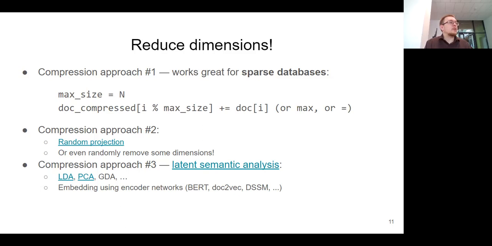So finding vector representations for text data sets using some complex functions, which we don't control. We just give them the task to find these representations, and they try to do this. And we will speak about latent semantic analysis right now, and about the networks at the next lecture today.